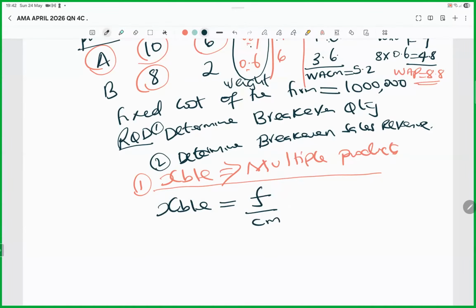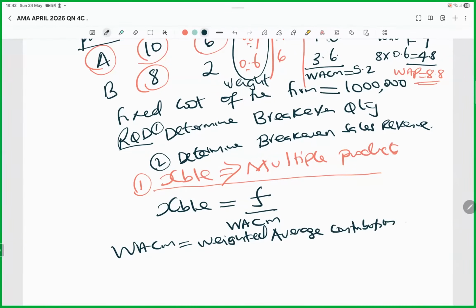But when they are multiple, we bring in WACM. So anytime it's multiple, we say it's fixed cost over WACM, where WACM is the weighted average contribution margin.